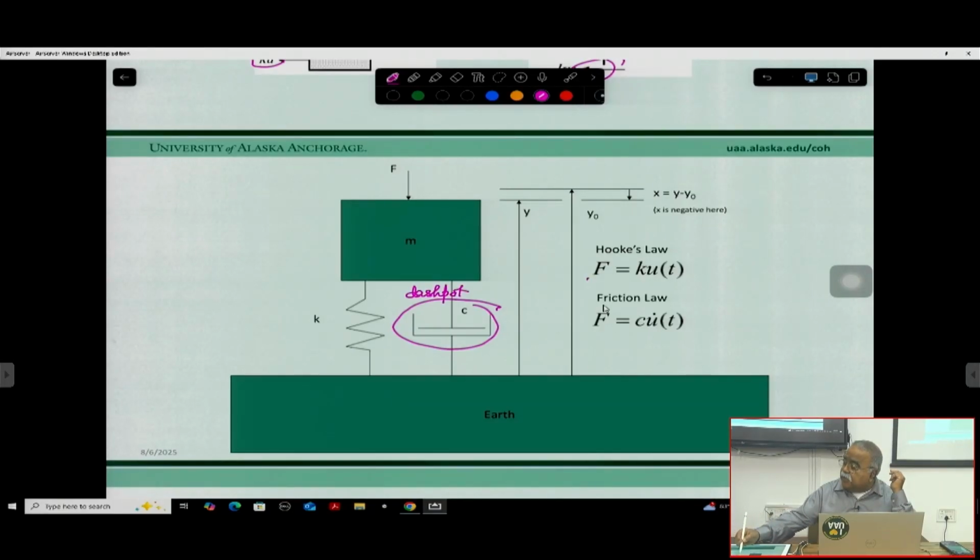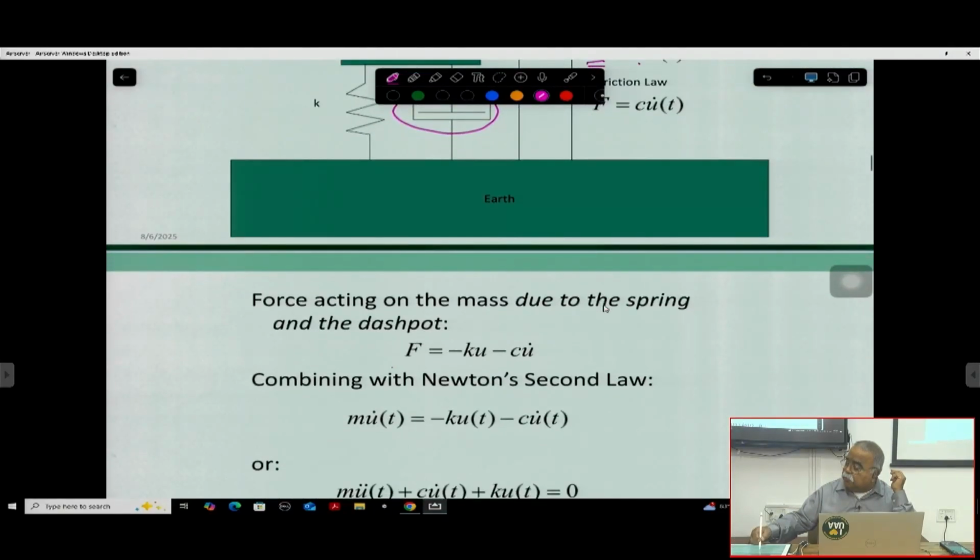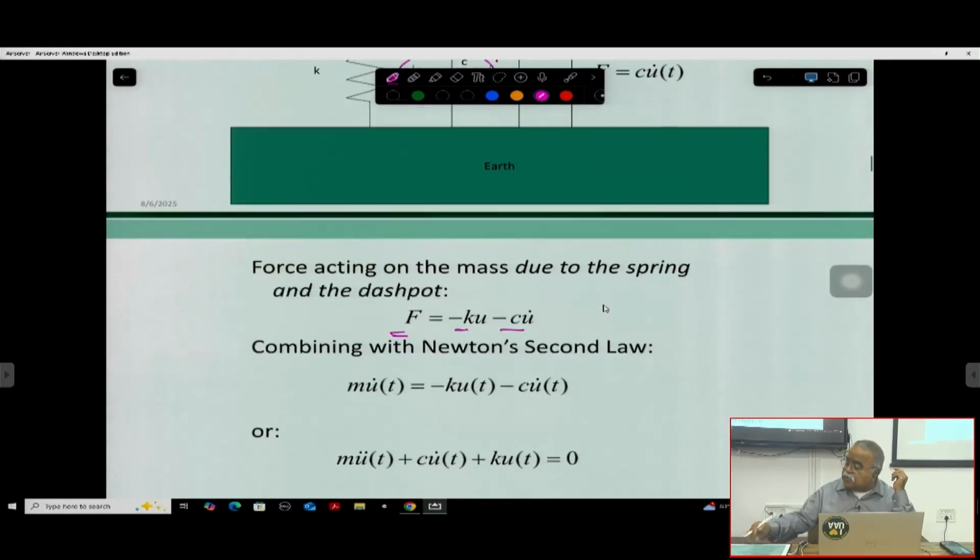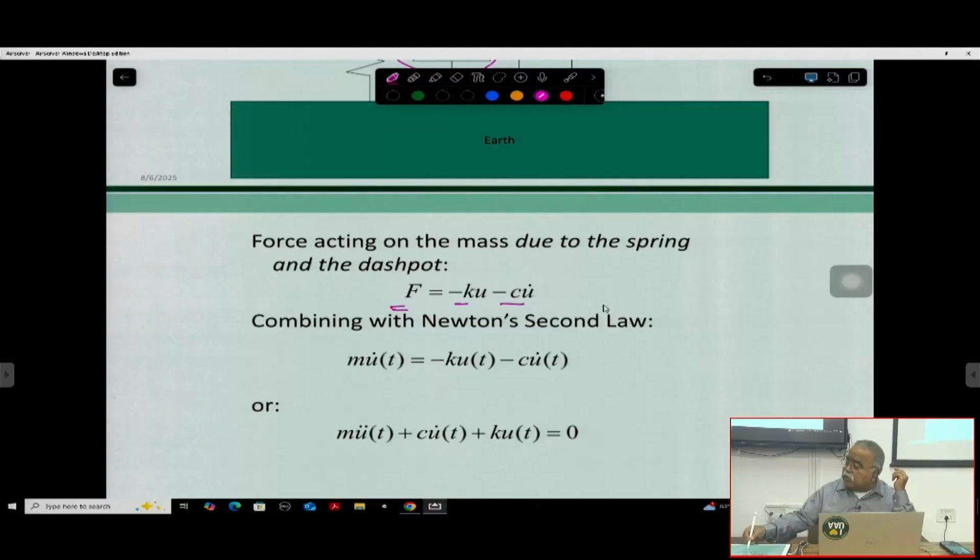So F equals minus K times u(t), and then there is C times u dot. So F will be opposing these two forces in an equilibrium system. So m u double dot minus this part will be Newton's second law. Our equation of motion will now come to this form, right?